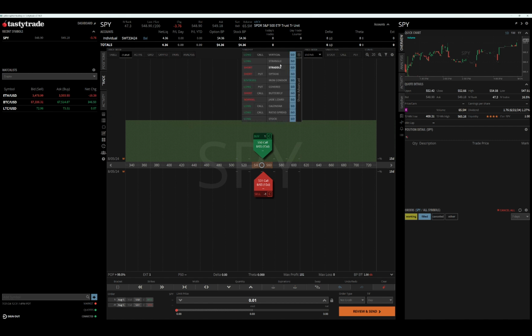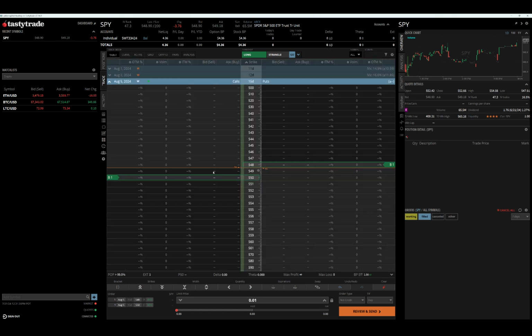Let me see if they would show maybe something with a strangle. Still nothing. So a strangle is when you buy a put and a call. It's easier to visualize on the table here. You buy a put and a call with a little distance between them, so there's your premium difference that's in total whatever these cost you.